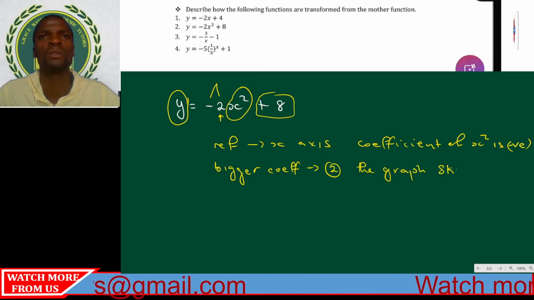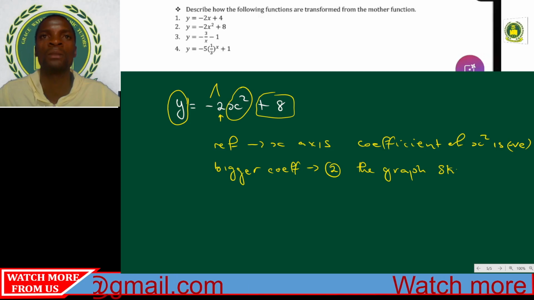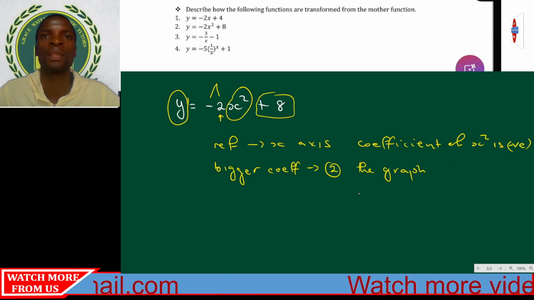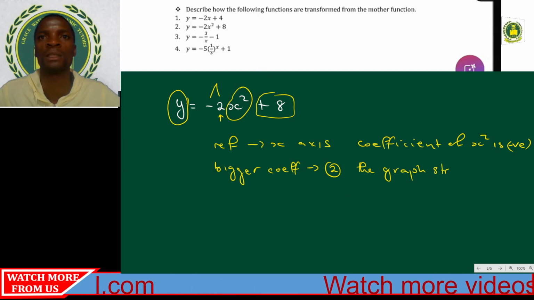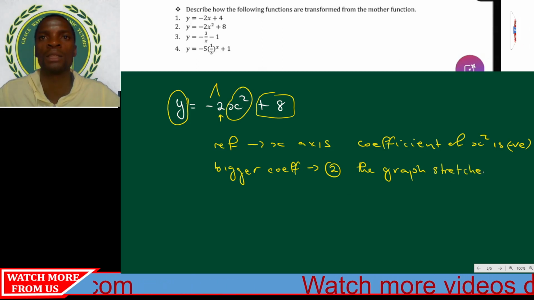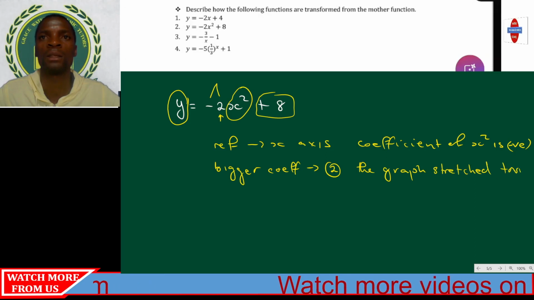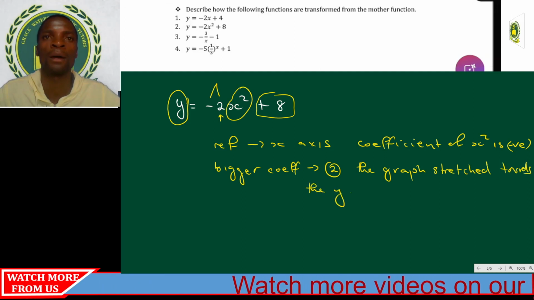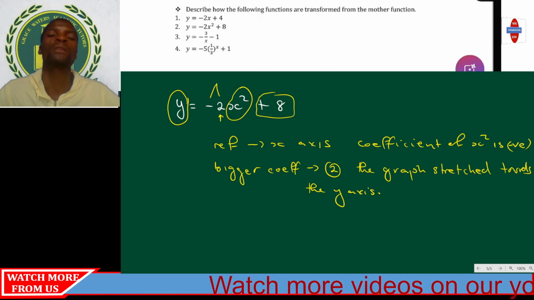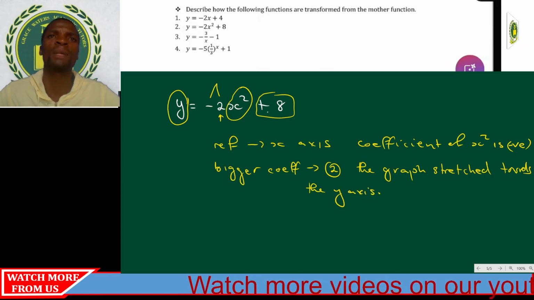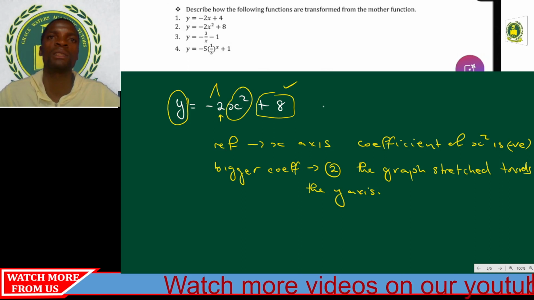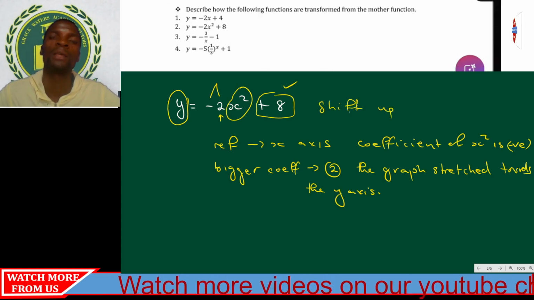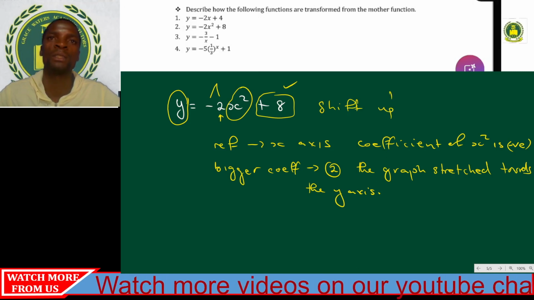But you are not going to use these terms. You are going to use terms like the graph is stretched towards the y-axis. Okay, that's it. The last part is this plus 8. It's a shift up, because there is a positive sign.